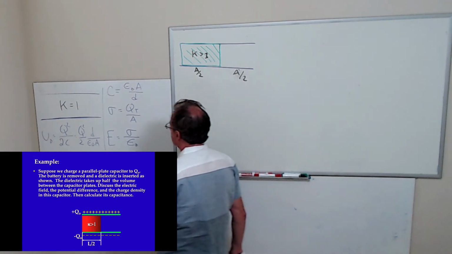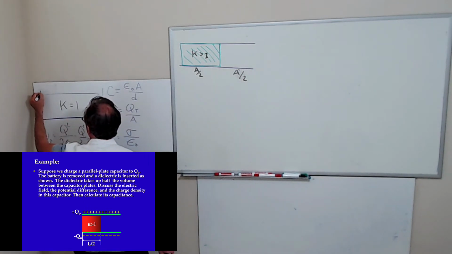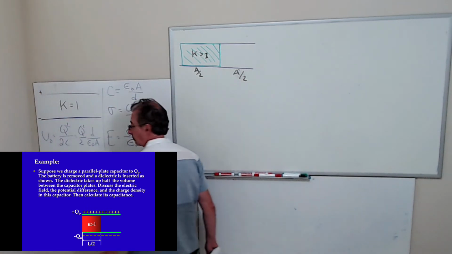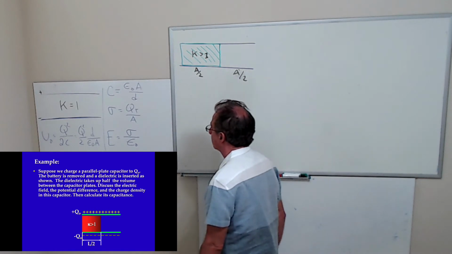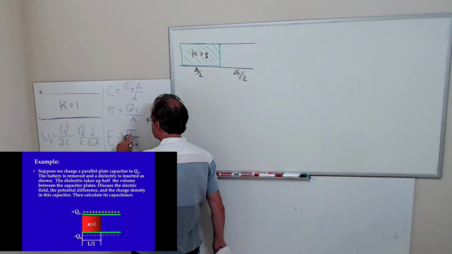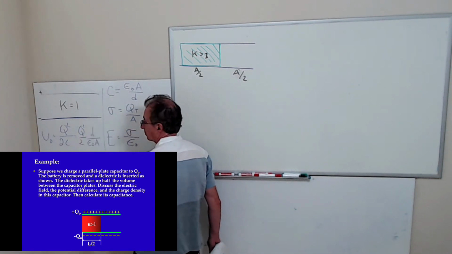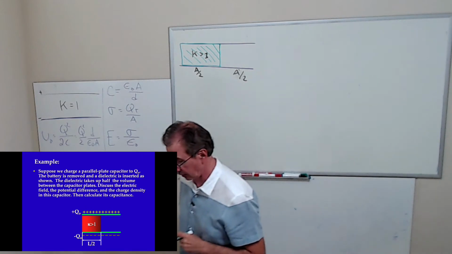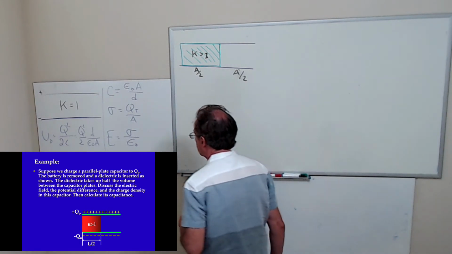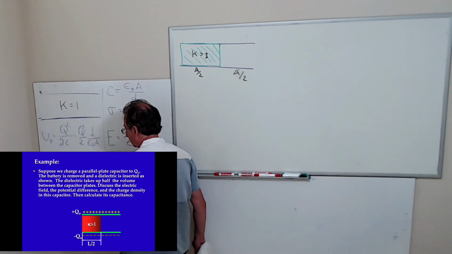The charge density is Q total over A. Just for simplicity, I can make the top positive and the bottom negative. The electric field in between the plates is the surface charge density on the plates divided by epsilon naught. I can also write down the total energy stored in between the plates, which is Q squared over 2C.